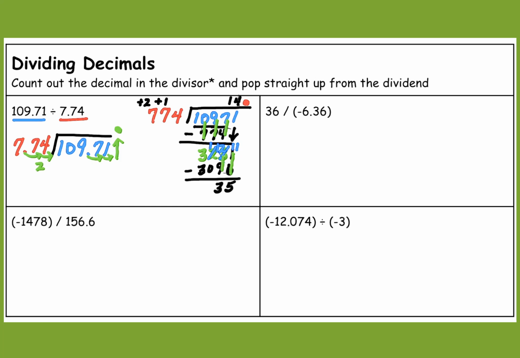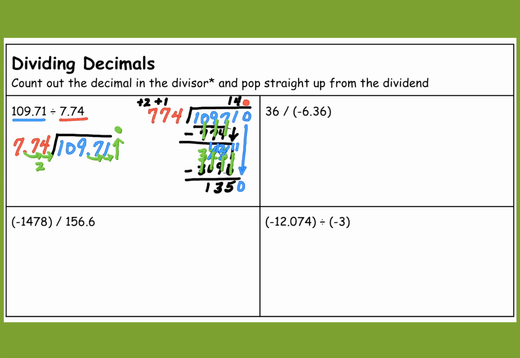Now we have 1 minus 0, and 1 minus 0 is 1. And 3 minus 3 is 0. So we have 135 left. We cannot take 774 from that. So that means that we're going to have to add another 0 and drop that down.